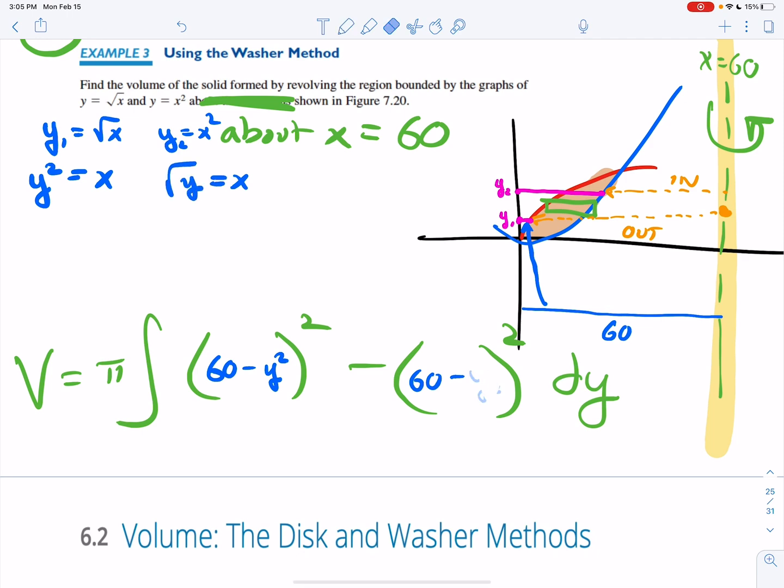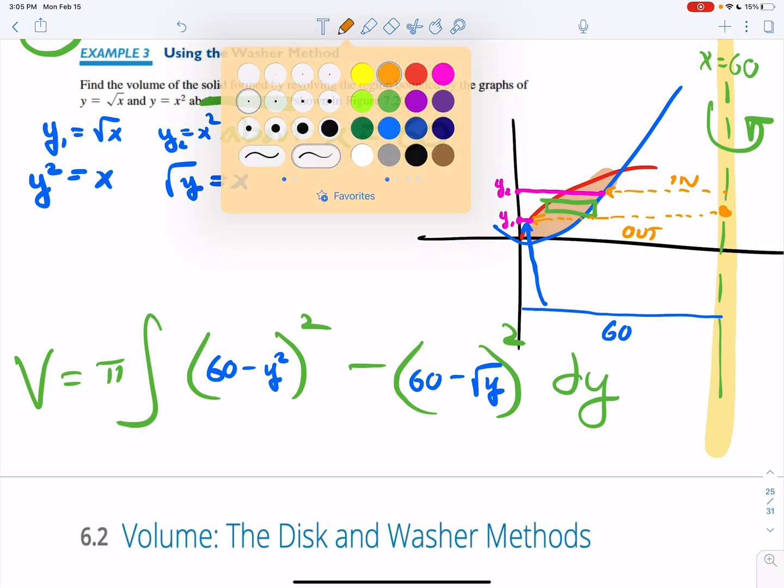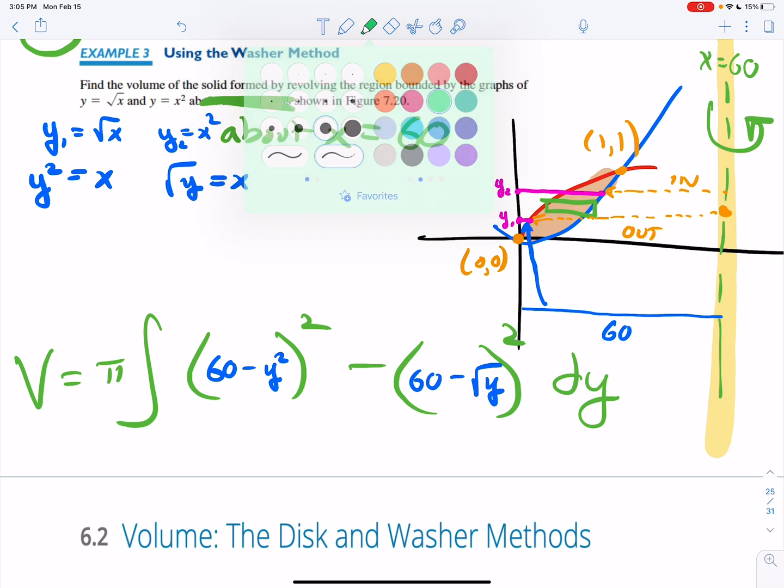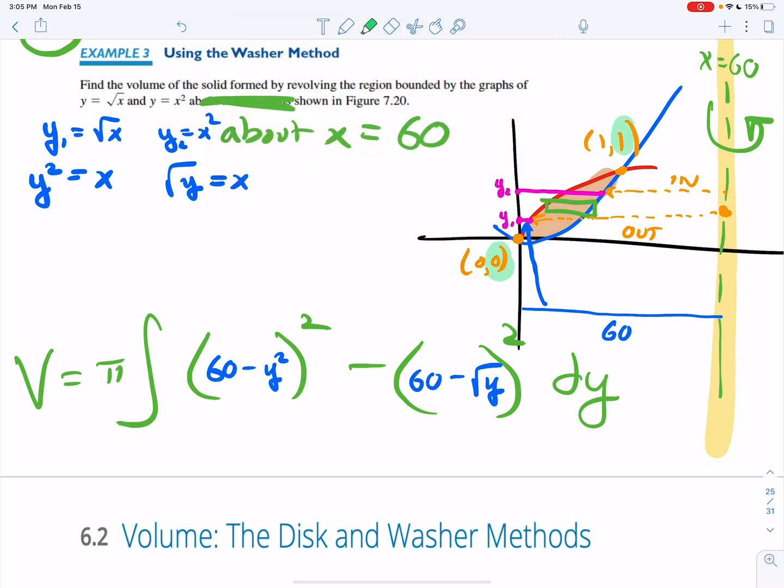So that's going to go right here, the square root of y. Okay? That means the bounds have to be in terms of y as well. But if you guys remember, the x and y coordinates coincidentally happen to be the same. But I want you guys to remember that we're paying attention to the y coordinates. So that's from 0 to 1.